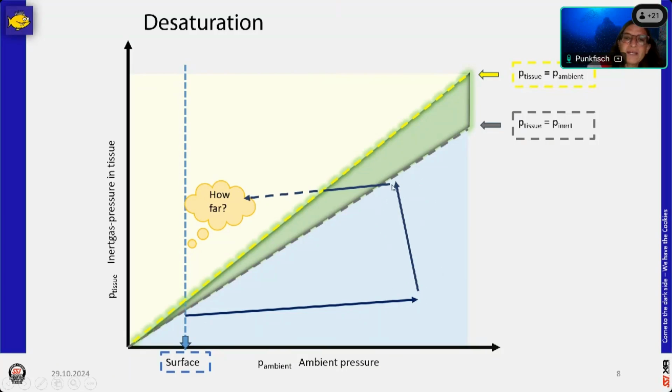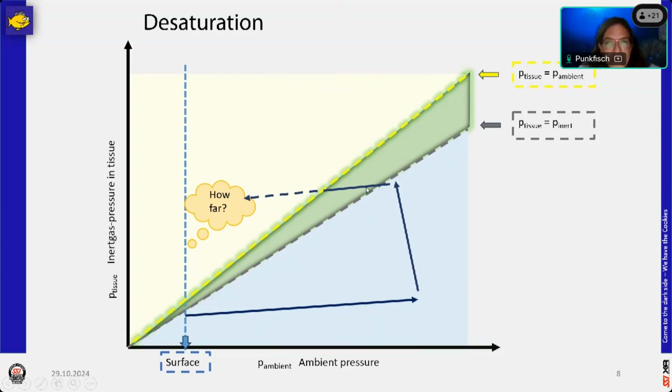until we decide to ascend, get into a lower ambient pressure. And we move through this area of saturation. So in this moment, while we cross this green area, we do not absorb any nitrogen or any inert gas anymore, because the tissue pressure is already higher than the pressure of the gas that we are breathing.